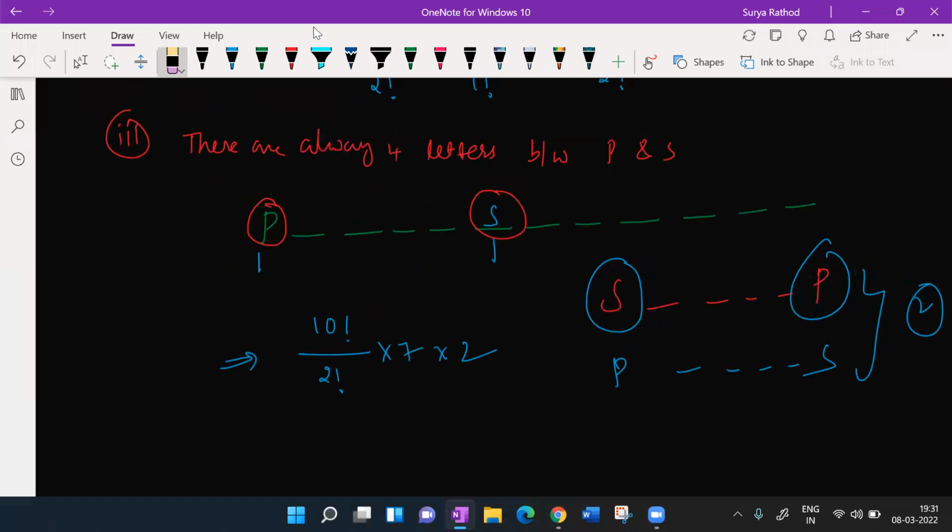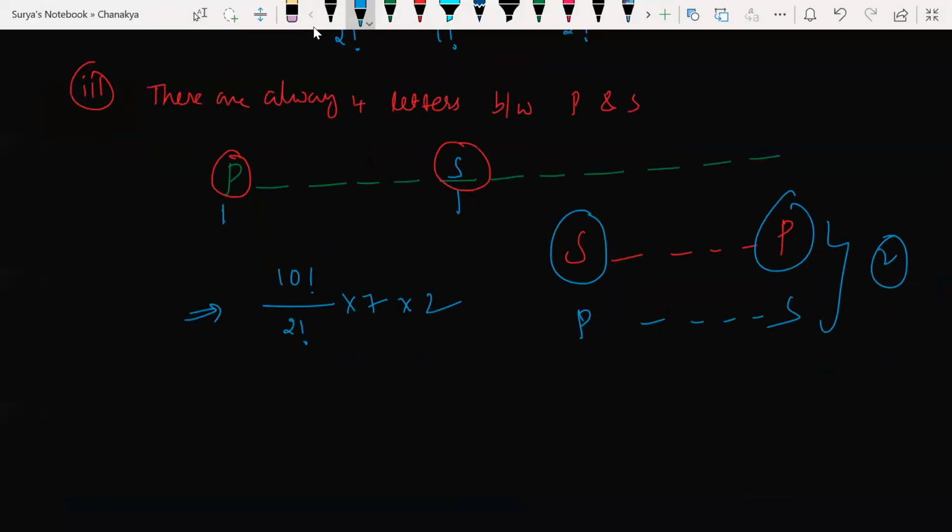Clear? Any doubts how I wrote 7 here? Understood? Check. First possibility. Second. 1, 2, 3, 4, 5, 6, 7, 8, 9, 10, 11, 12.